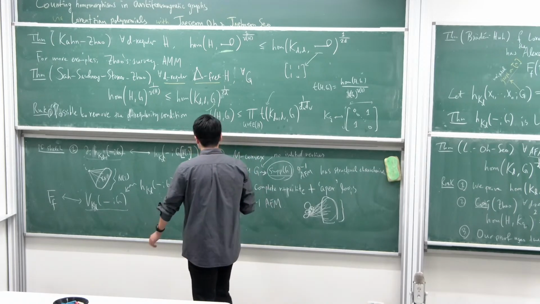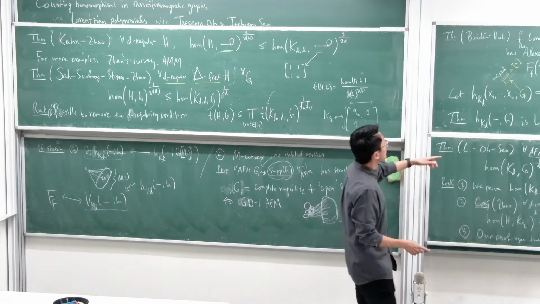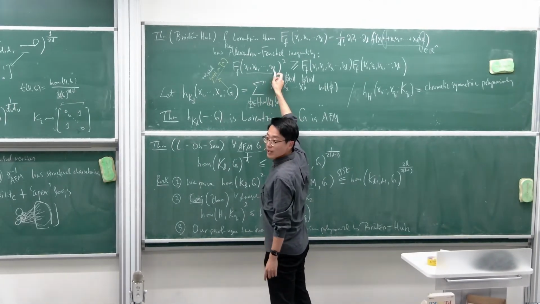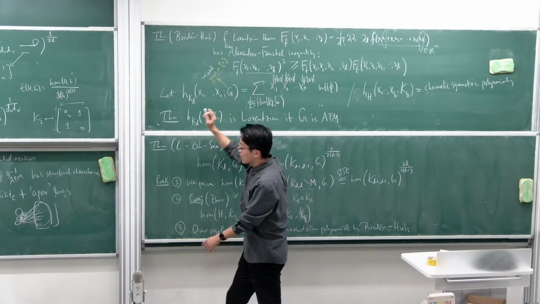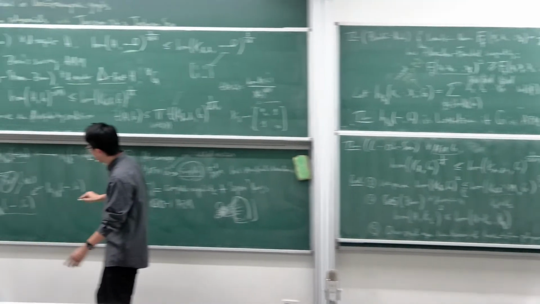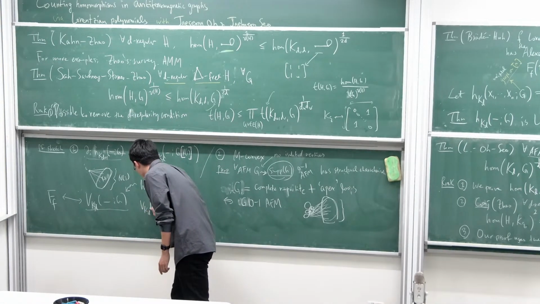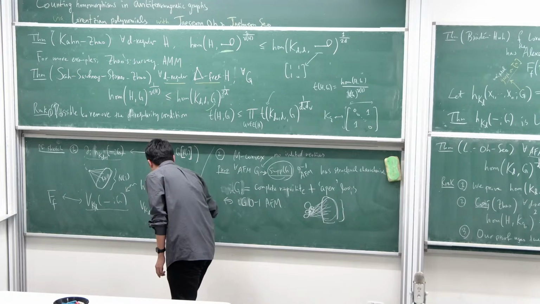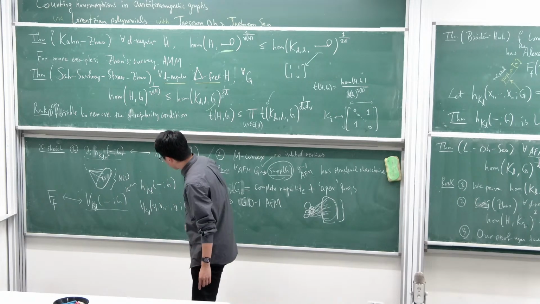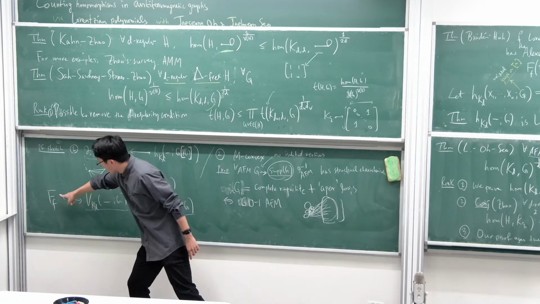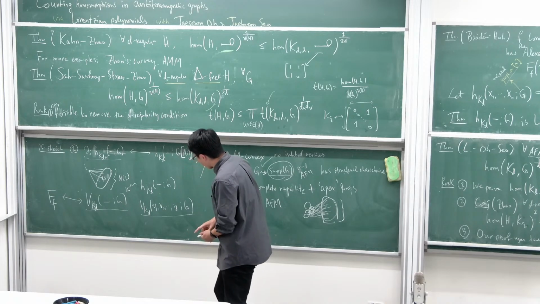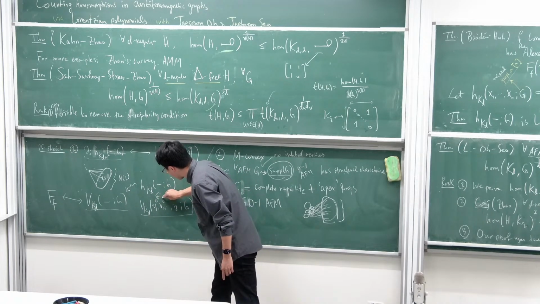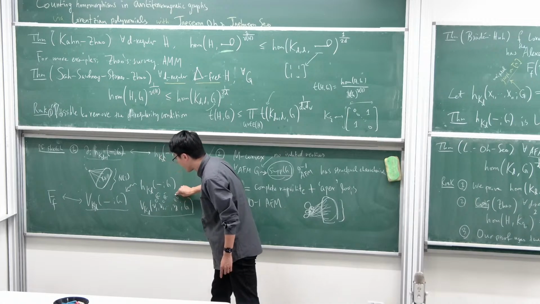Here we need some vectors as an input, so we need v1 up to vd as an input. I'm not going to define that very precisely, but let me just give you some idea of what happens. These are meant to be vectors in R^n.